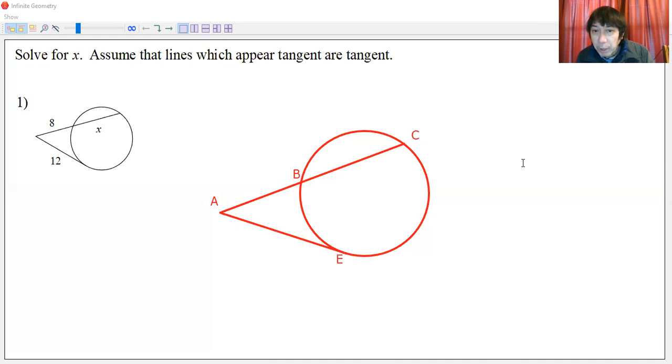Now the points B and C are the intersection points of the secant with the circle. The theorem about this secant and tangent combination is that the product of the length of the secant and its external segment is equal to the square of the length of the tangent. First we will define the segments. The length AC is the length of the secant.